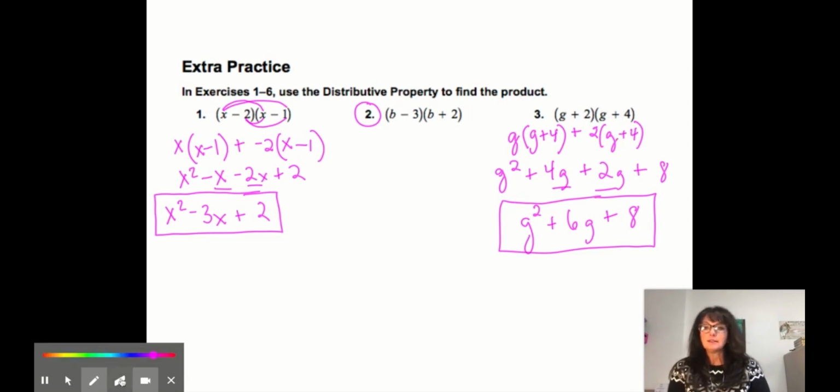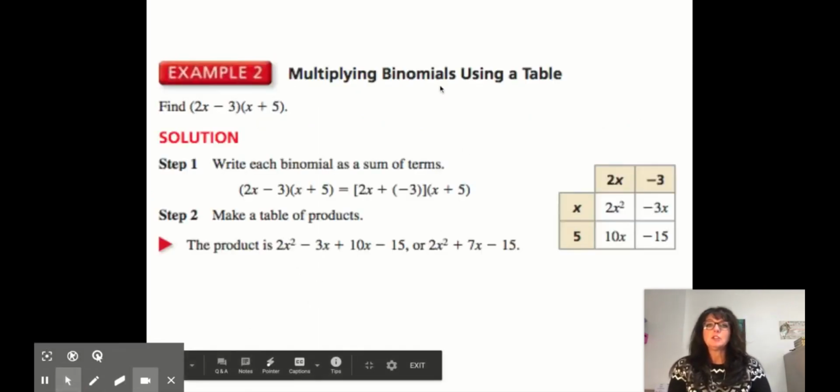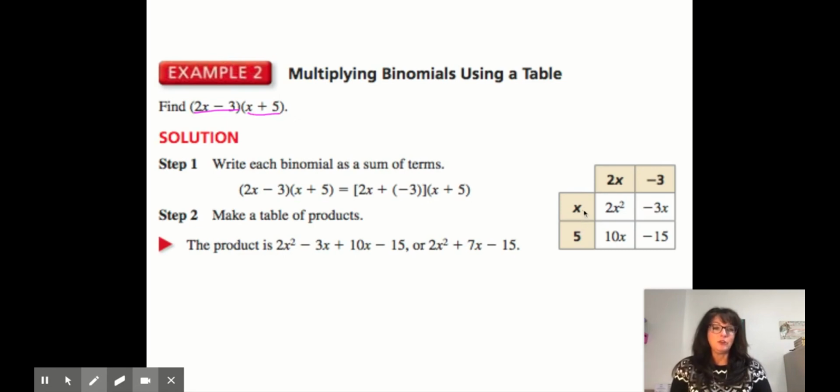All right, next up, we will be looking at another method for doing the multiplication. So we could use a table. So notice how they've taken the first binomial and they split it up into the 2 boxes on the table. The second binomial is split up here. It doesn't really matter where you put them, right? You could put the x plus 5 here and the 2x minus 3 here, because you're going to use this like a multiplication table. x times 2x is 2x squared. x times negative 3 is negative 3x.